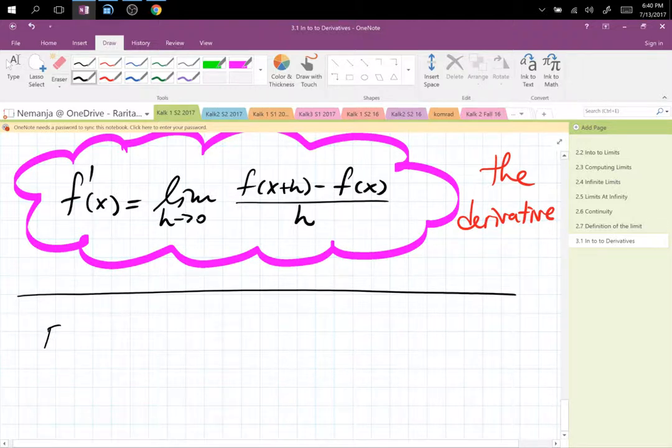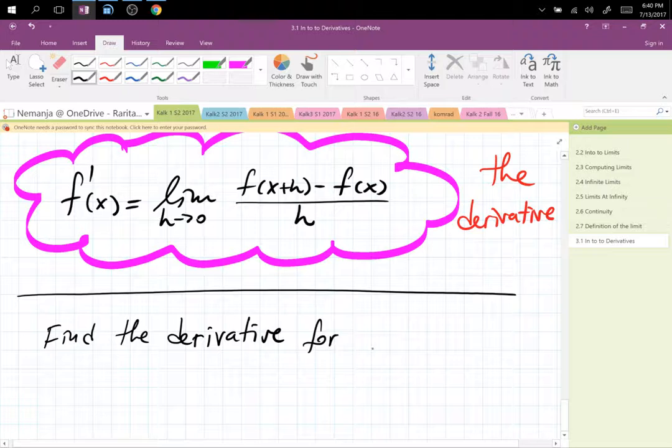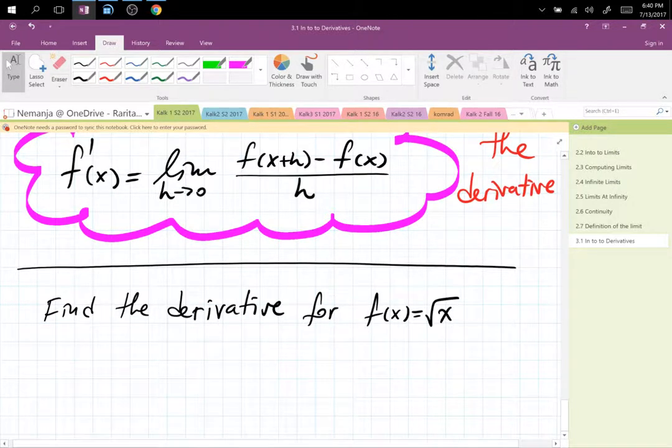So find the derivative for f of x equals square root of x. That's good enough. We don't need a point because I'm not looking for any specific. All right, so plug this in and grind.